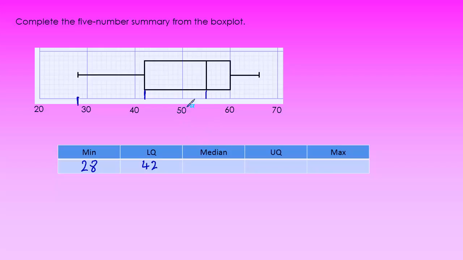So 1, 2, 3, 4, 5. So that seems to be at 55. The end of the box is the upper quartile, so that's 60. And then 1, 2, 3, 4, 5, 6. So it seems the maximum was 66.